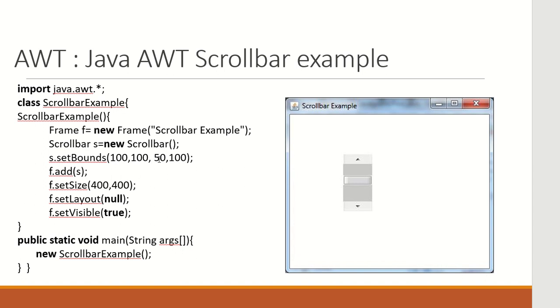Here 50 is the length, taken downwards, and 100 is the width. Then you add the scroll bar to the frame. As usual, you set the size of the frame, set the layout, and set it to visible. So that is about the scroll bar.